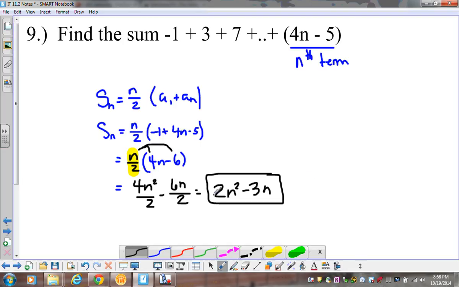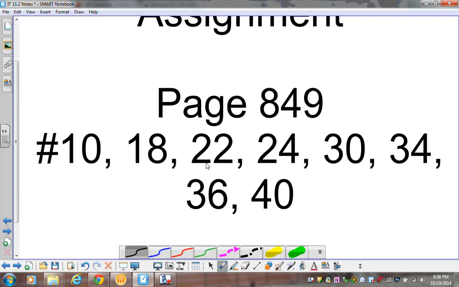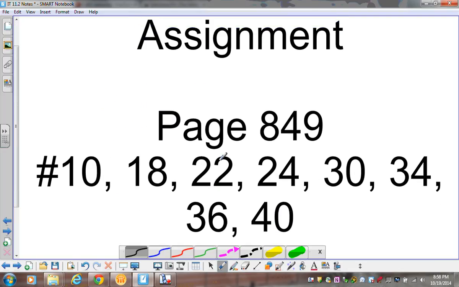So in this particular case, I didn't have a particular value, but I was looking for the sum of the first n terms, which in this case was just 2n squared minus 3n.